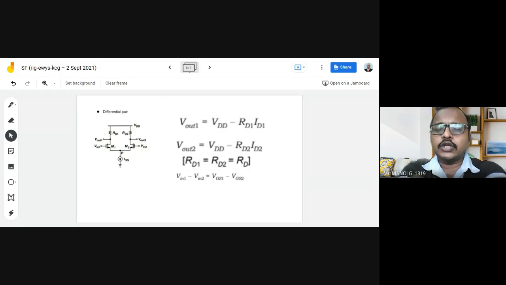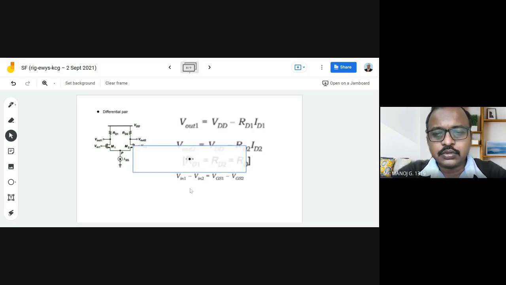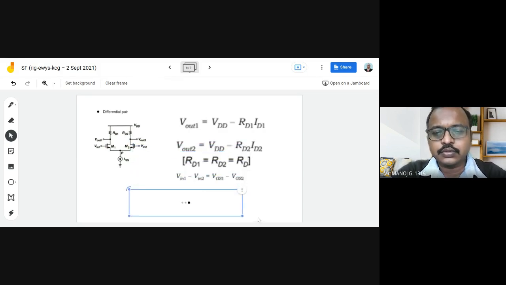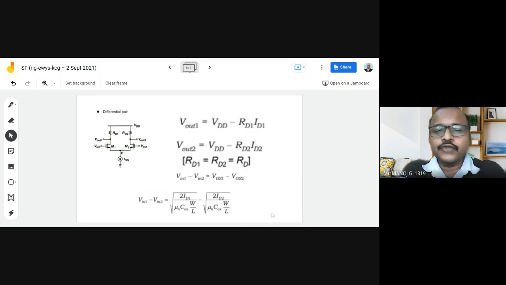For a square law device, V in 1 minus V in 2 is given as root of 2 ID1 by mu n COX W by L minus root of 2 ID2 by mu n COX W by L. All of you know this expression, right?